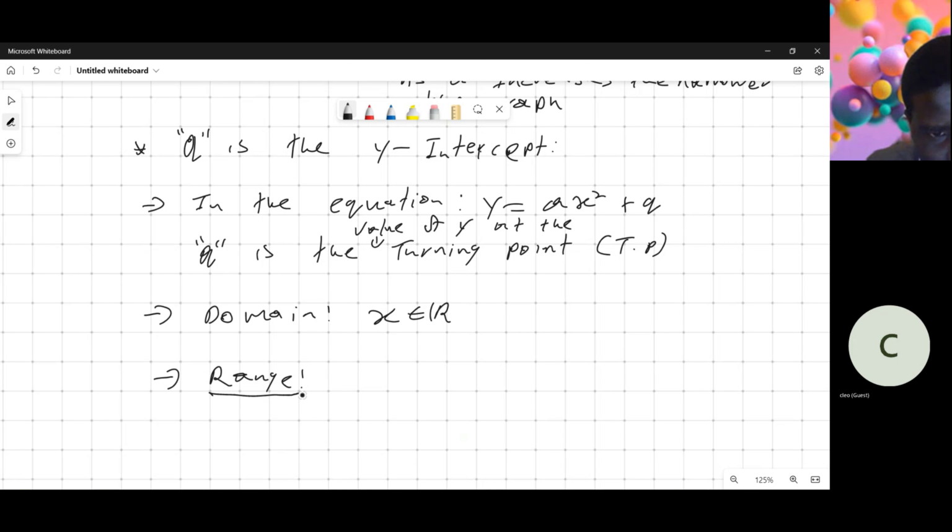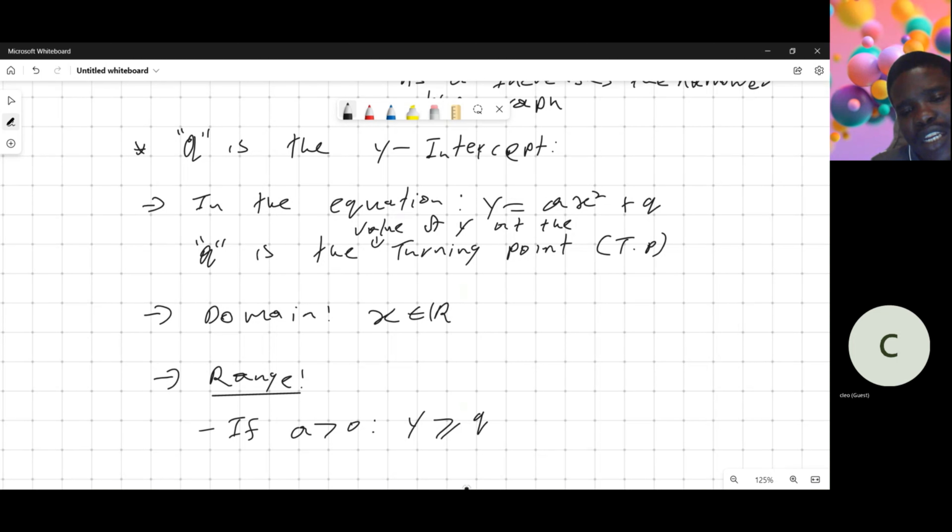Range. So let's go. If a is positive, if a is greater than 0, then the range will be y. This is a smiling face, remember? y is greater than or equal to the value of y at the turning point, which is q.